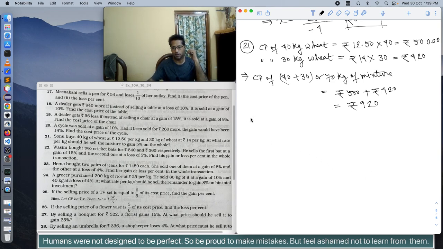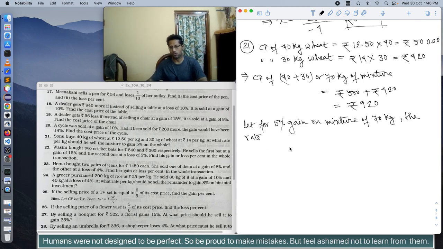So we can assume, for 5% gain on the mixture of 70 kg, at what rate per kg should he sell the mixture?